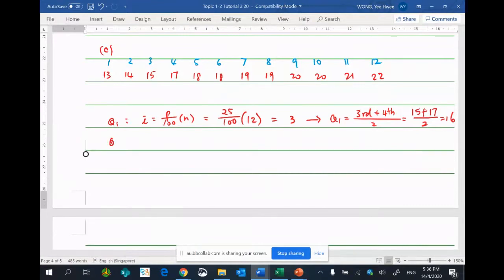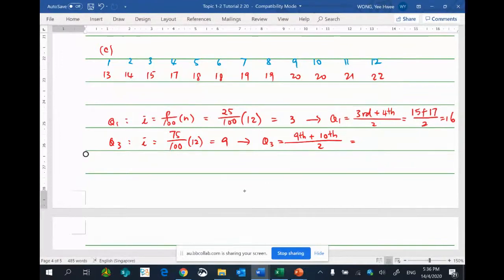You do the same thing for Q3. So i equals 75 over 100 times 12. If there's a repeated formula, you can just write it once. So you get 3 times of this, and your Q3 will be the 9th number plus the 10th number, divided by 2.